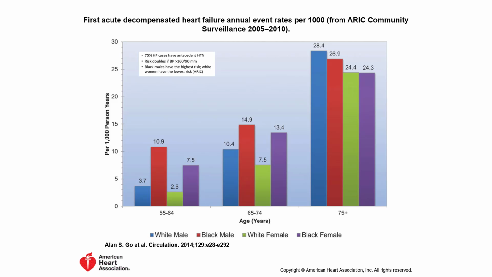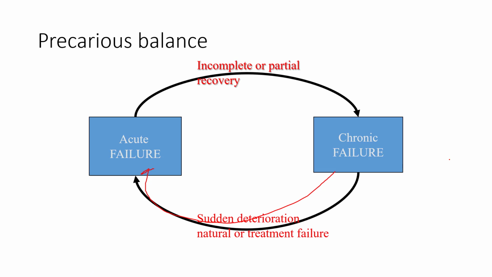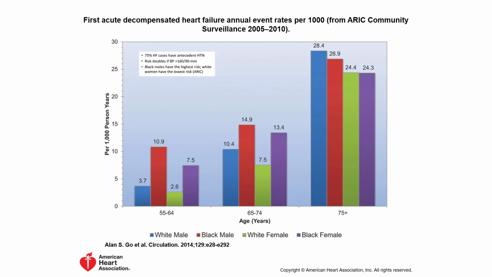Because when they have acute failure, they can recover and go back to the chronic failure, but they leave a little bit behind. So the more decompensations they have, the worse their prognosis is. And there's some data on the first annual decompensation by age, and obviously it gets higher when people get older. So if you're working with geriatric populations, you really need to be cognizant of these things.